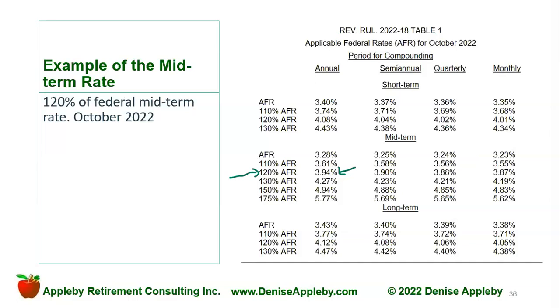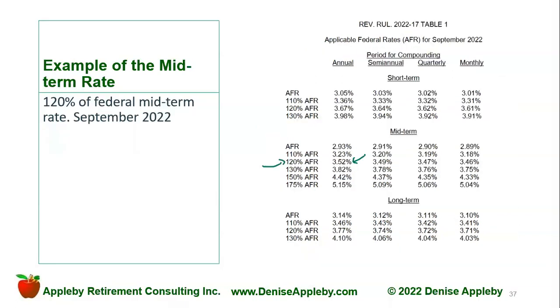We're looking at the mid-term rate for October 2022. And remember, the cap is 120%. We scroll down to the mid-term rate, and for 120%, it's 3.94. Then we go to September and use the same process, where it's 3.52.